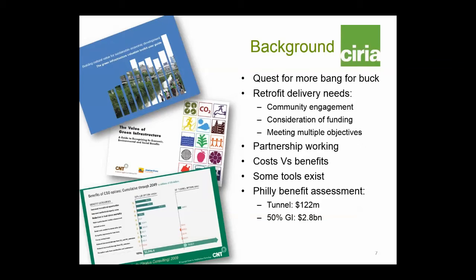We know from retrofitting, and looking to retrofit more sustainable drainage, you clearly have to undertake a lot of community engagement, both in the community and with a wide range of stakeholders. And there's often the question: who should pay for different parts of drainage, or who should pay for the benefits?